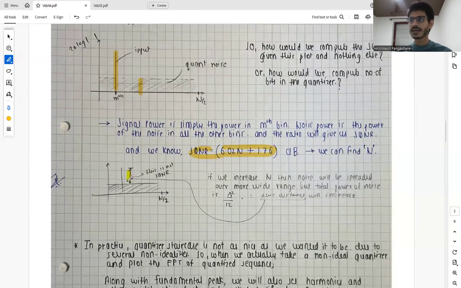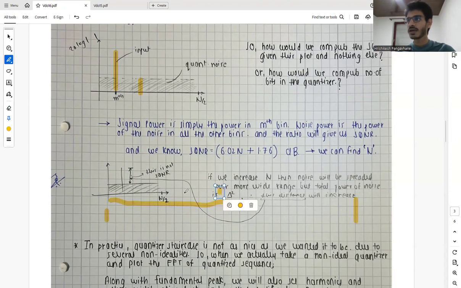But the common mistake is that this magnitude divided by this magnitude is not the SQNR. And we can talk about this more. Now it was from here to here. So this was our N width, or the record length, right? Instead of this, if we increase the record length to this point, then our N by 2 will lie over here, not here.